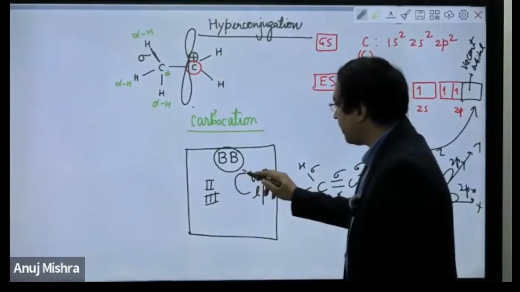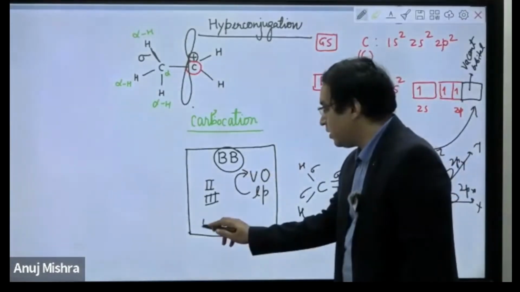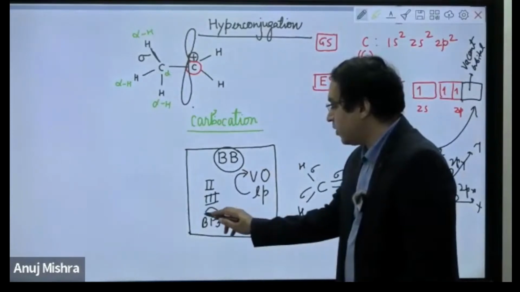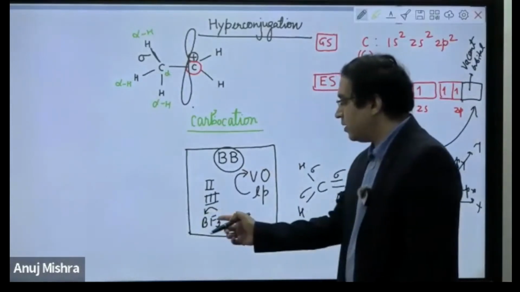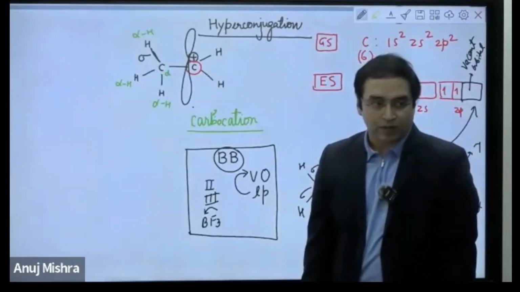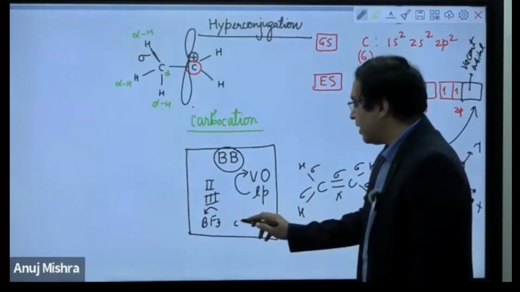The lone pair supports the vacant orbital. Can you recall? This is called back bonding. Examples were BF3. Fluorine supports boron in its vacant orbital. Because of that, the BF bond becomes shorter. We have done these things or not? Can you recall? There can be many examples, right?